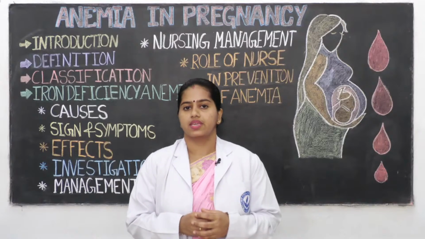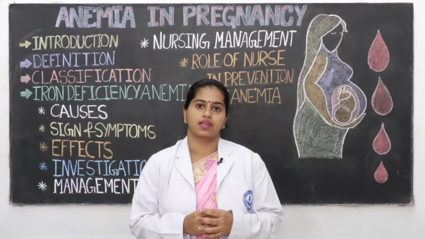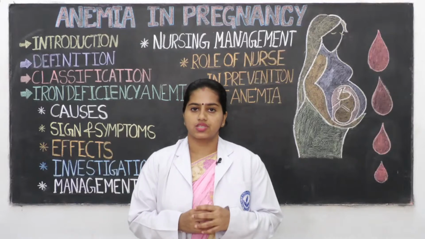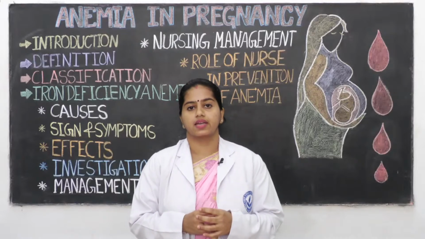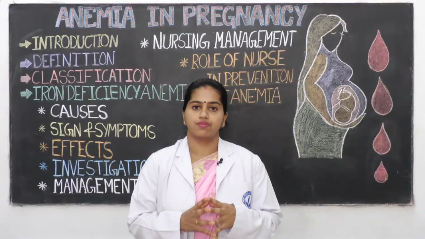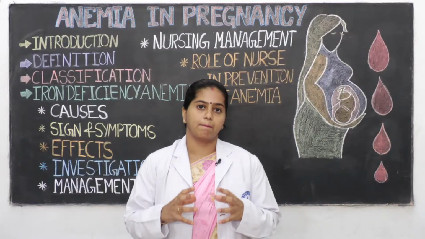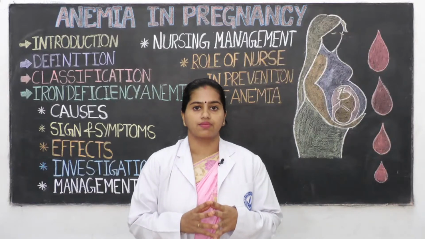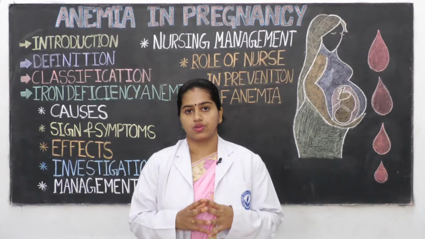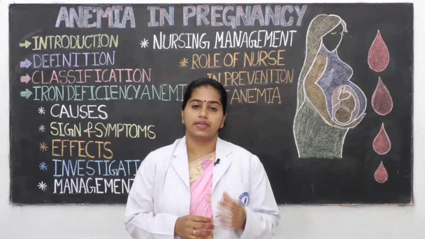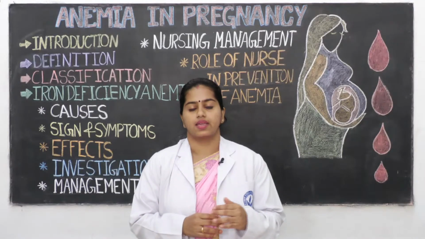For example, green leafy vegetables, jaggery, and dates, and from non-vegetarian foods, liver, meat, and egg. Different food items have different sources of iron. If they are not taking them in a balanced manner, the woman can become anemic during pregnancy, that is, decreased intake of dietary sources of iron.